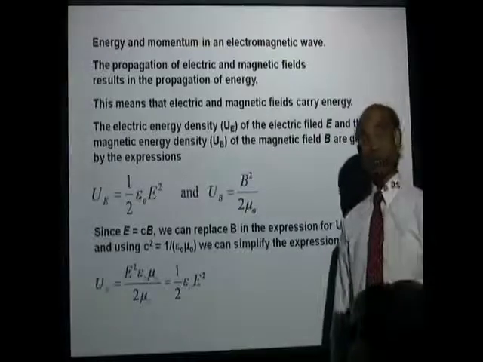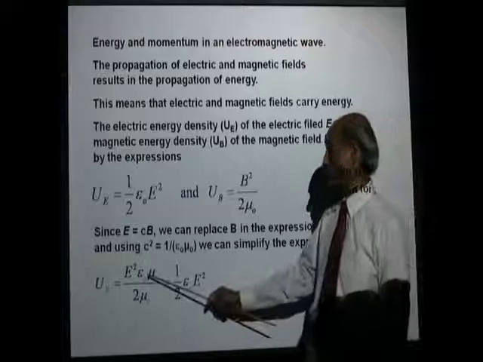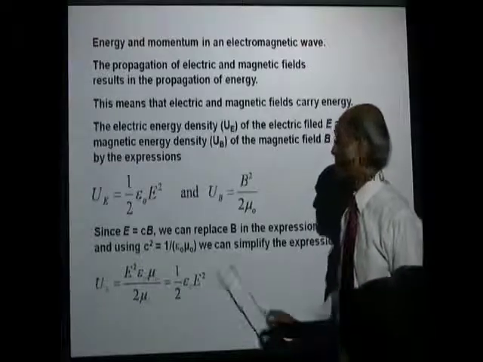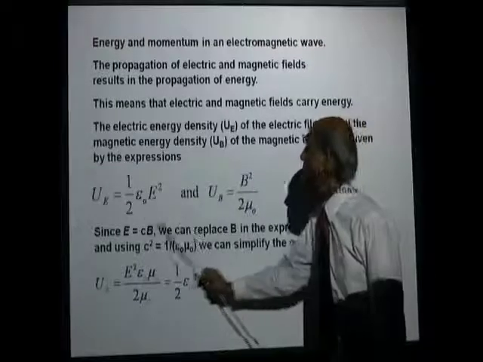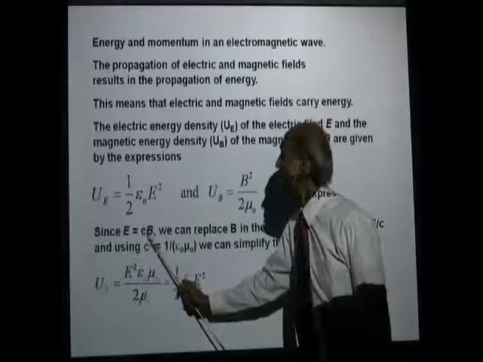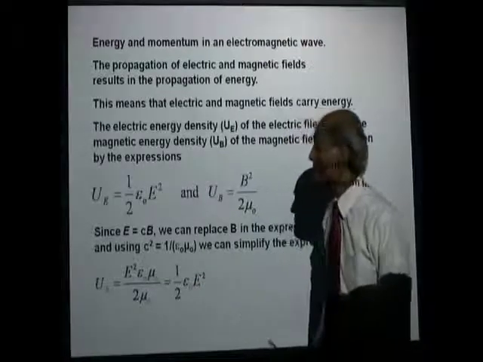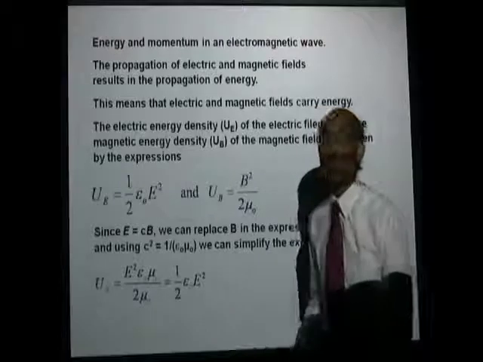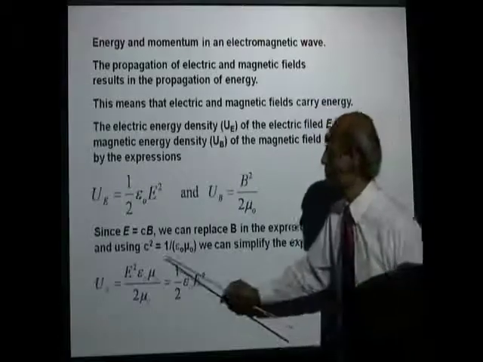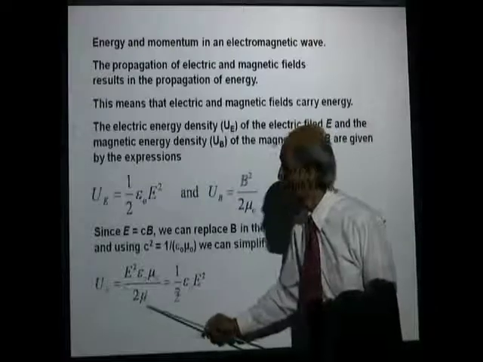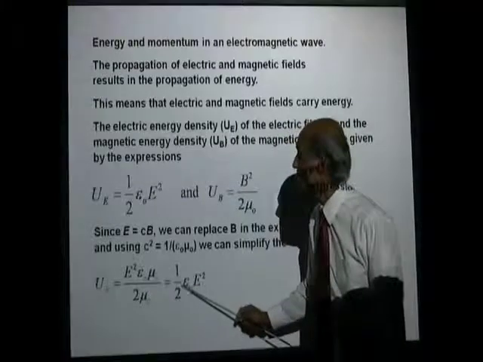Is that right? Did you see how that was obtained? We replaced B by E over C, and our C is 1 over square root of mu 0 epsilon naught. I want you to do that on your own and see whether you come to this.